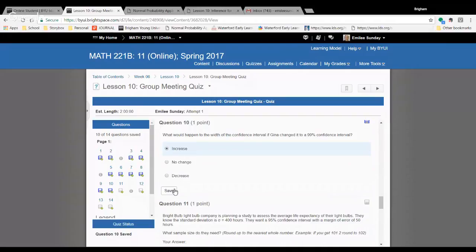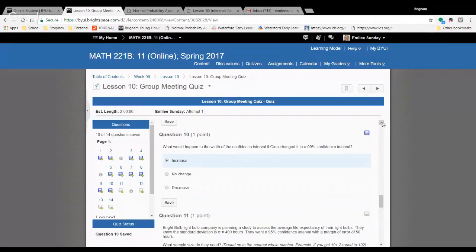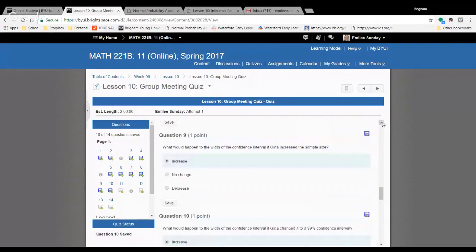Hold on. Are you sure about 9? Sample size increases, the width of the confidence interval decreases. So number 9 says what would happen to the width of the confidence interval if you increase the sample size. All it says here is sample size increases, the width of the confidence interval decreases. So are you sure 9's increase? Did I have that wrong in my notes then?